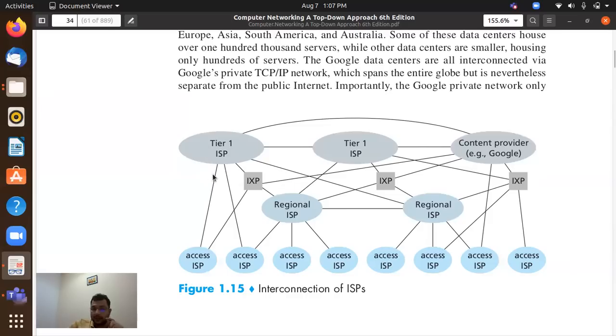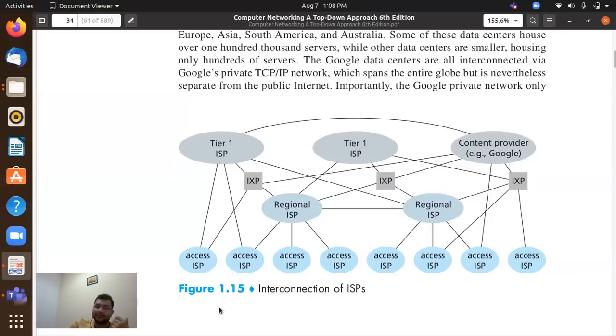If by any chance the tier 1 service provider has not been able to serve the regional internet service provider at a certain time due to some technical glitches, some destruction, or a natural disaster, then in that situation this service provider will not be able to serve its access service provider, and eventually it will trickle down to us.